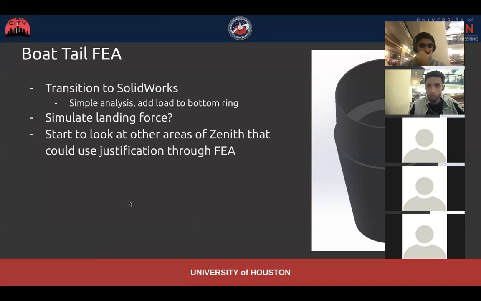So I would assume that the majority of the force would be transmitted into that lip. The bolts are just there to support if necessary, but I do think it's worth looking into, like you said, if it were to slip, what would it take to shear those pins or screws? Yeah, that makes sense. Applying the load on that lip would make the most sense, besides the shear force for the bolts.